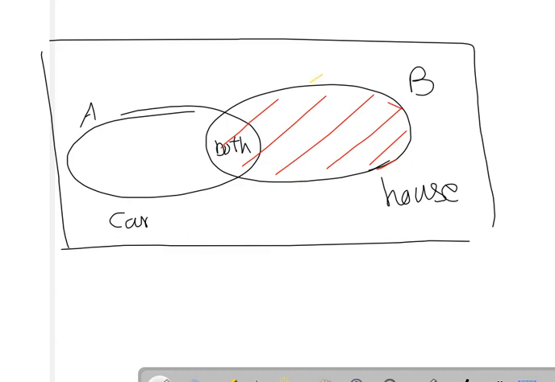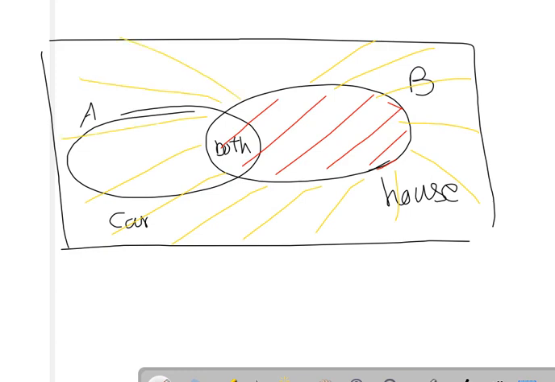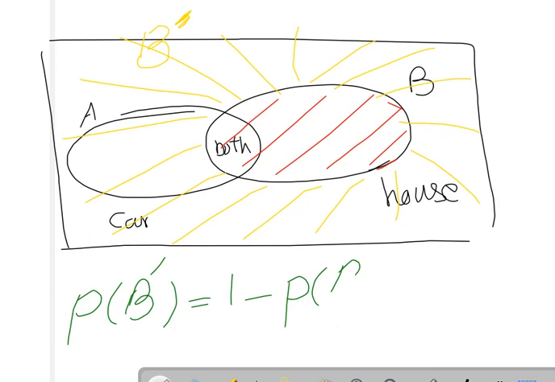It means outside this area they don't have a house. It's B prime. So the probability of B prime is 1 minus the probability of B. It's 1 minus 0.3, which is 0.7. It means 70% of the population doesn't own any house.